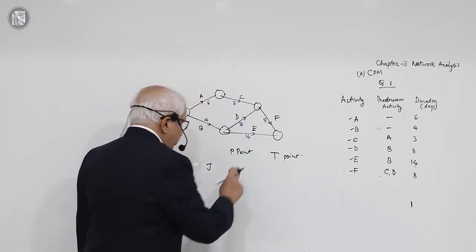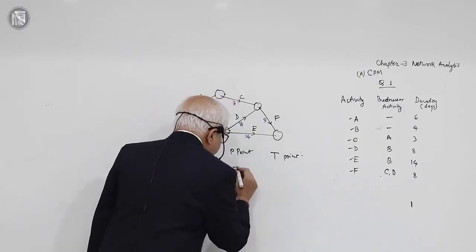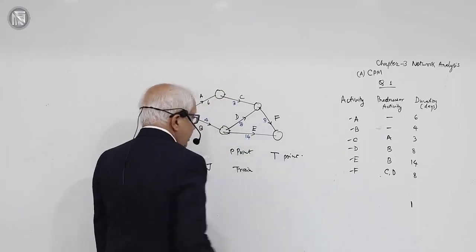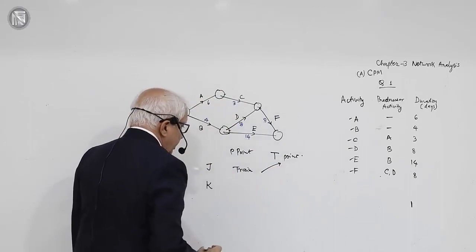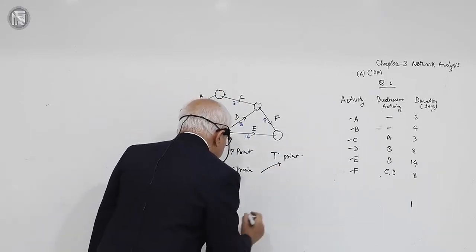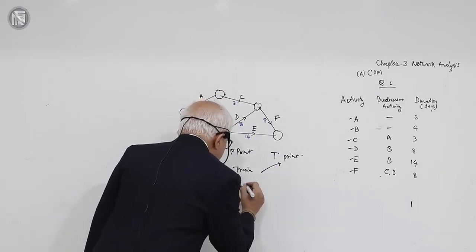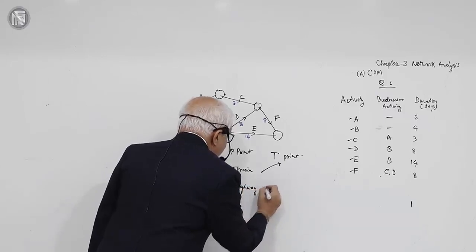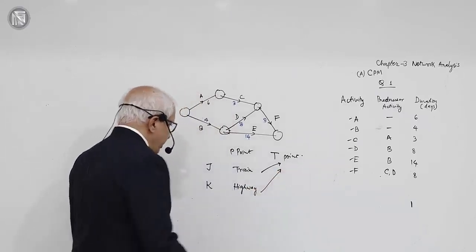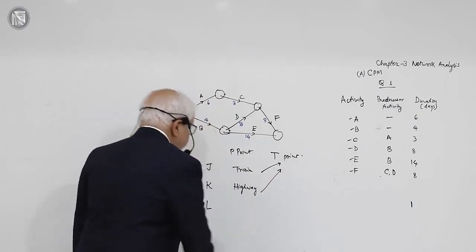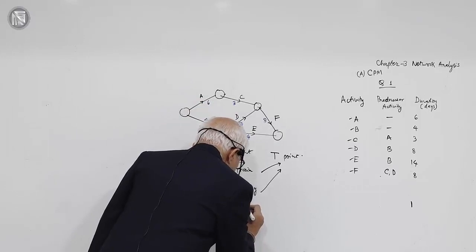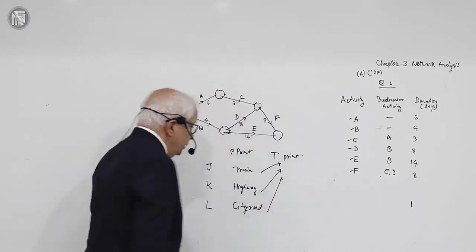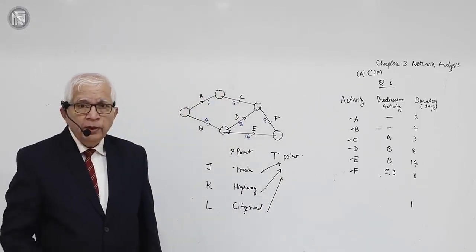J is supposed to start from this point by train and reach point T. K is supposed to travel on the highway and reach point T. And team L is supposed to go by a city road and reach point T. Okay.